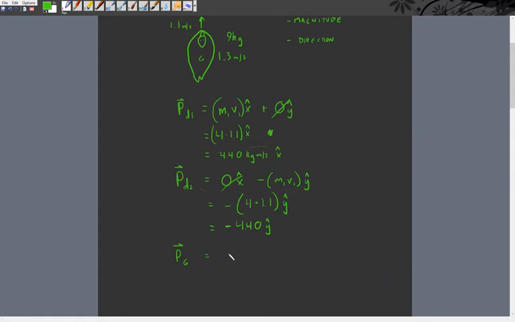So again, 0 x-hat, and we'll go ahead and say positive, and this will be m goose times velocity of goose. I should say speed of goose since this is going to be a positive number in the y-hat direction. Of course, this is just 0. This is a nice example because each individual animal only has either an x-hat or a y-hat component to its momentum.